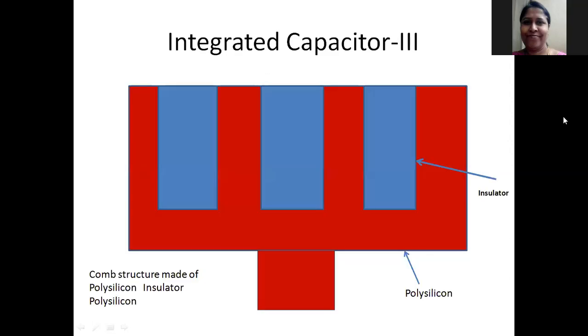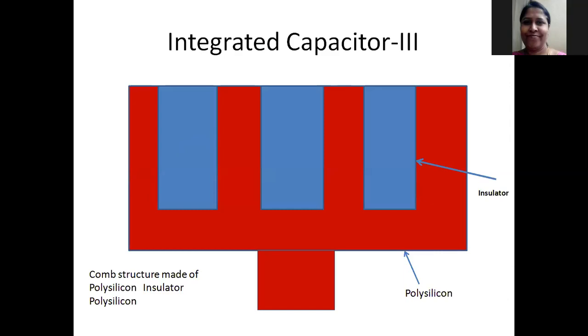In this case, we have a comb-like structure of polysilicon, and the finger-like structures are separated by insulator. So polysilicon, insulator, polysilicon can work like a capacitor.